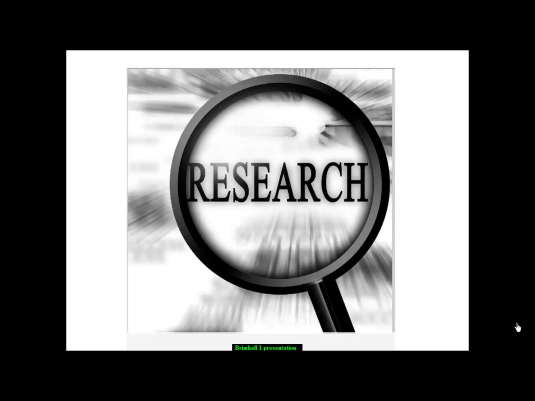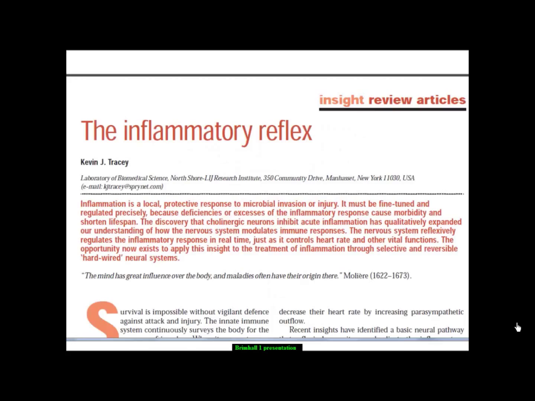There's so much research on heart rate variability at this time. And one of the most important things right now is what's called the cholinergic anti-inflammatory reflex. It is an amazing system, and it has to do with the parasympathetic nervous system that we're measuring, specifically the vagal nerve, and how it ties into controlling these chemicals, these cytokines, that when released in abundance or out of balance cause tremendous tissue damage.